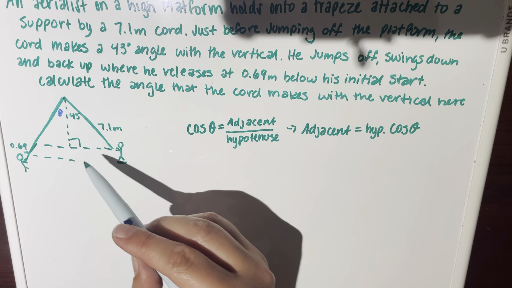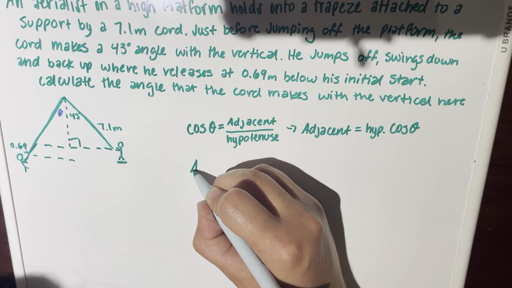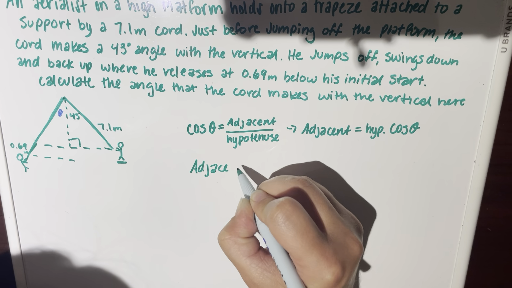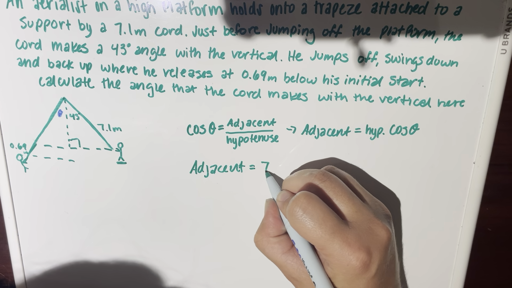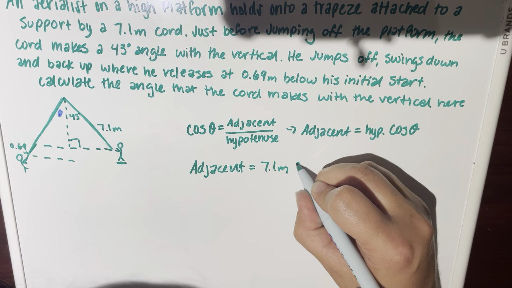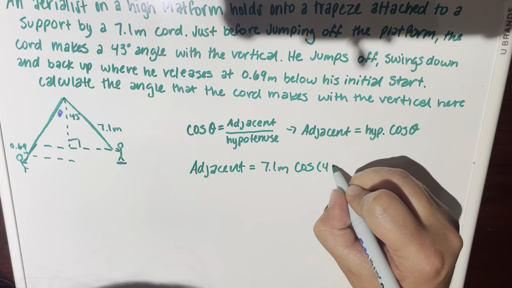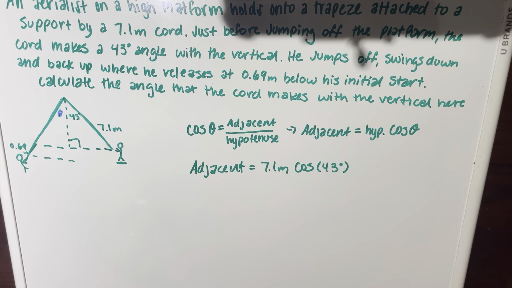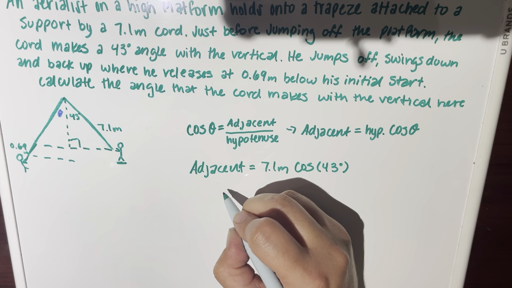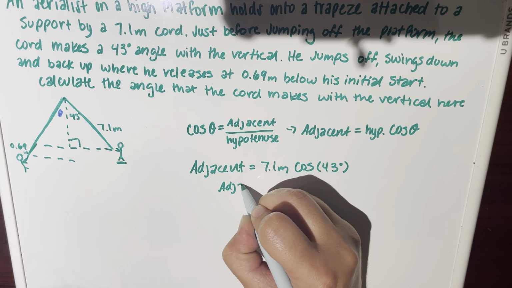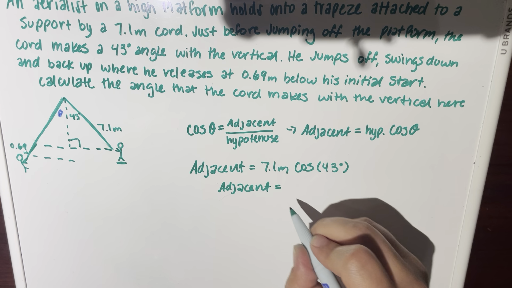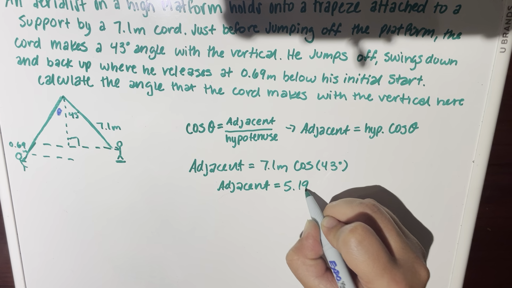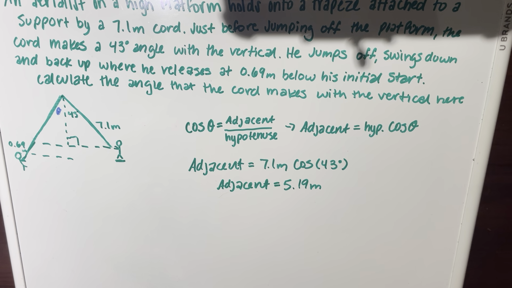So we can plug in these values to say that the adjacent is equal to 7.1 meters cosine 43 degrees, which will give us that the adjacent is equal to around 5.19 meters.